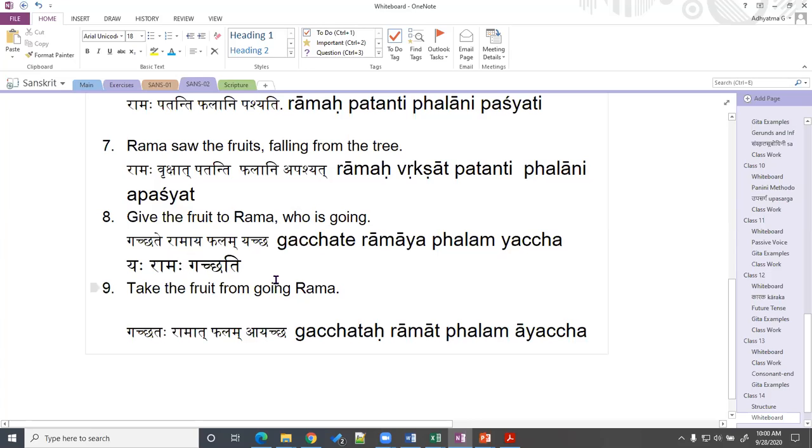So Rama who is going, tasmai, the fourth case singular of tat, tasmai phalam yacha.